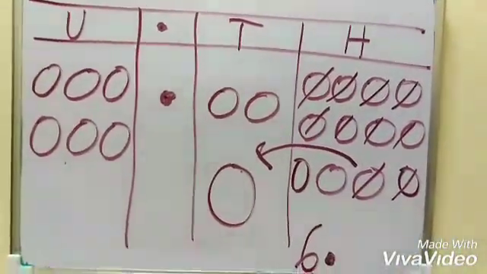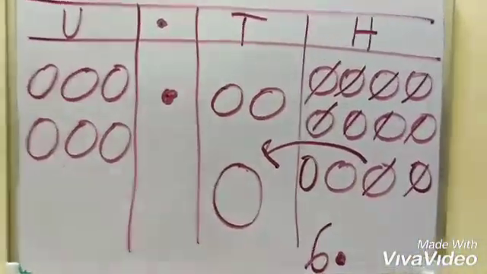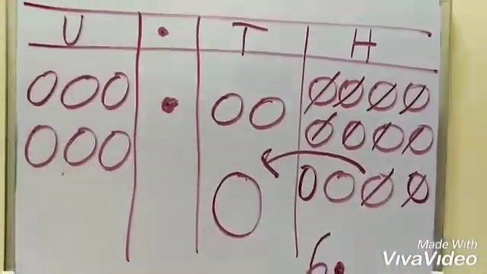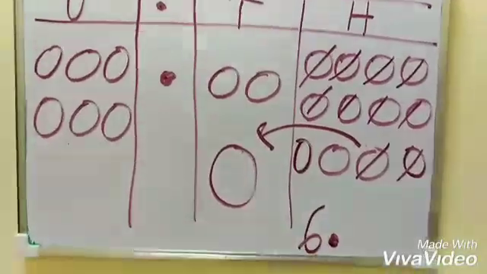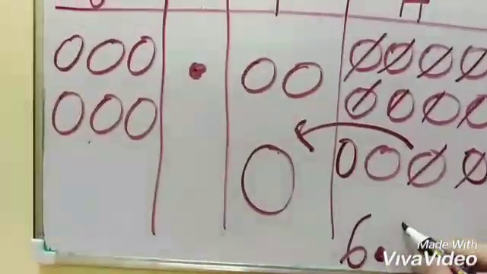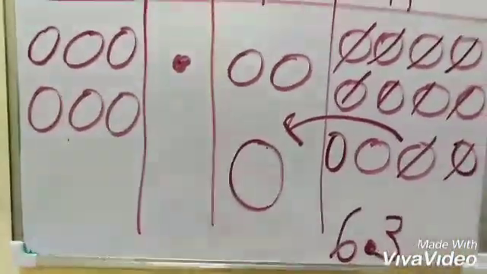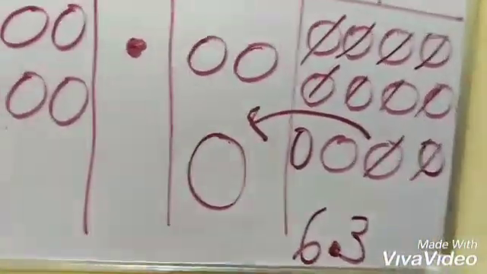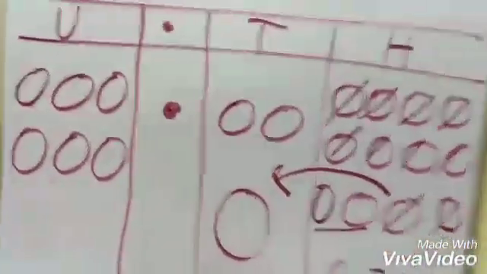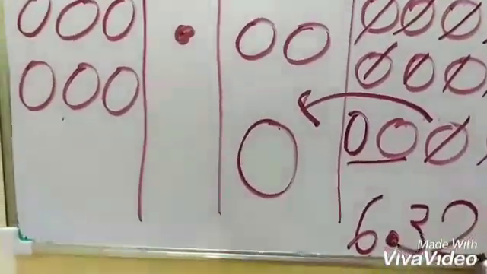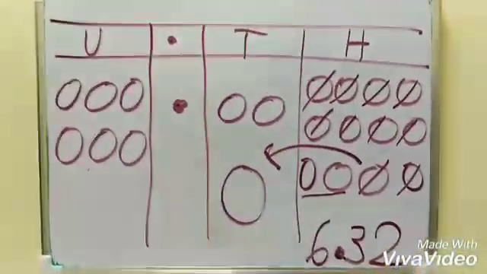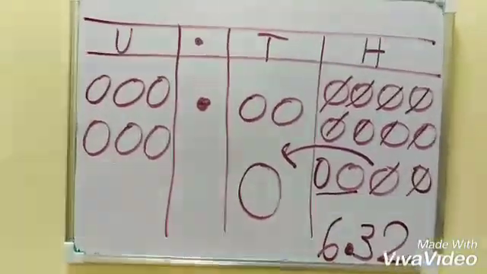So we can take away 10 hundredths and make them 1 tenth and put it in the 10th place. So now we have 3 in the 10th place. And we still have only 2 in the 100th place. So the answer is 6.32.